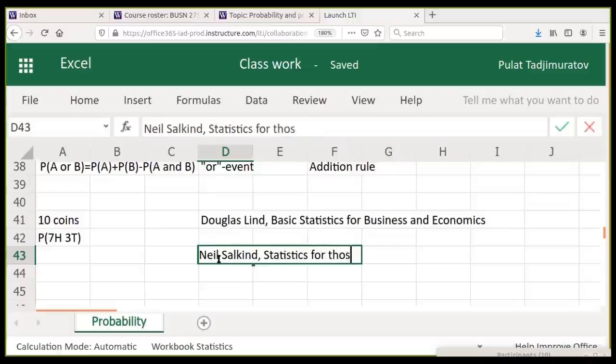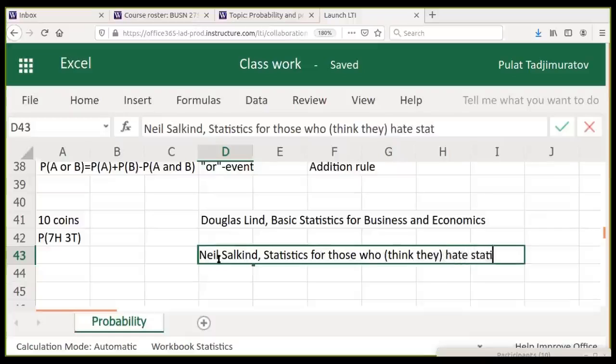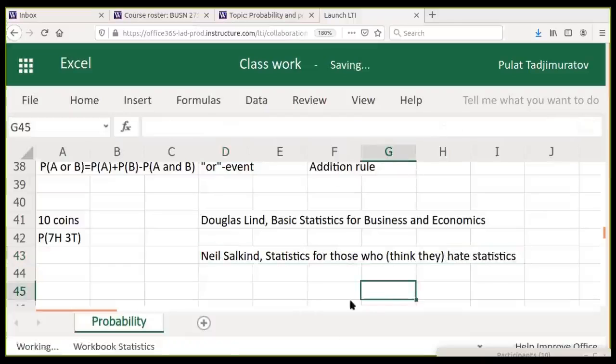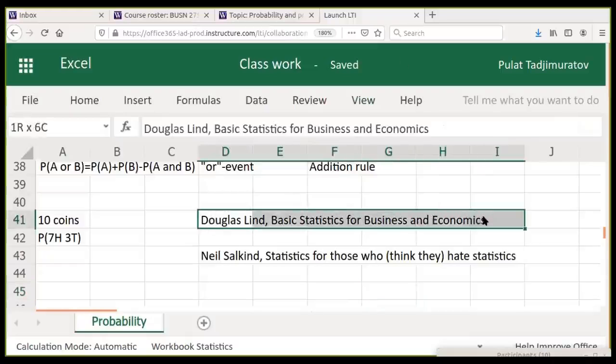Well, anyway, I guess you will check. For Those Who Hate Statistics. Yeah, that's the name of the book, and it's quite a good textbook at that. Well, the recommended one is also not bad. I like both of them.